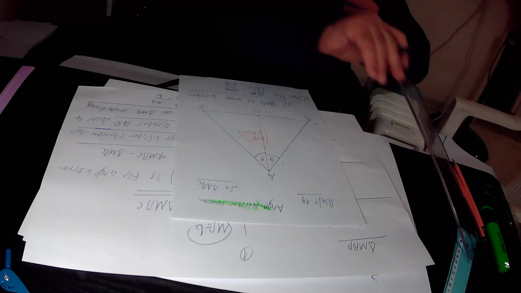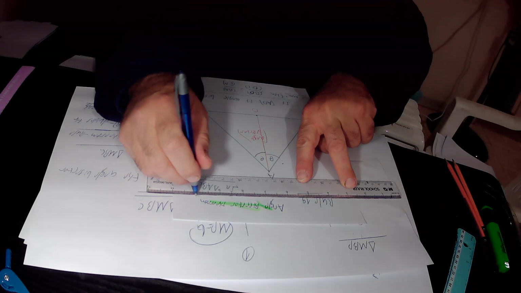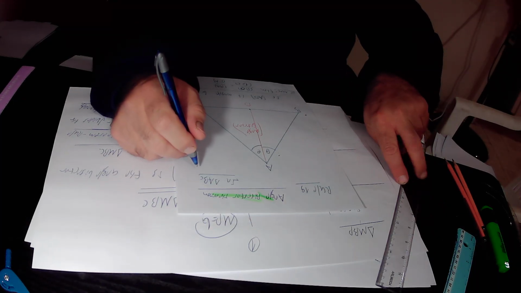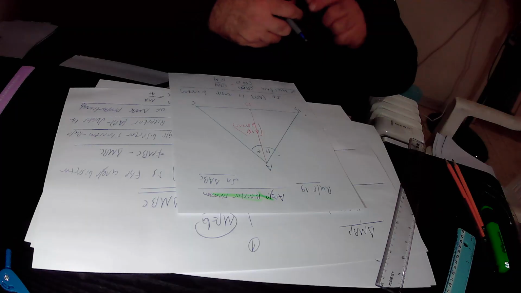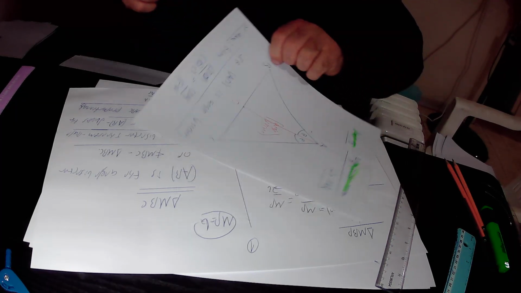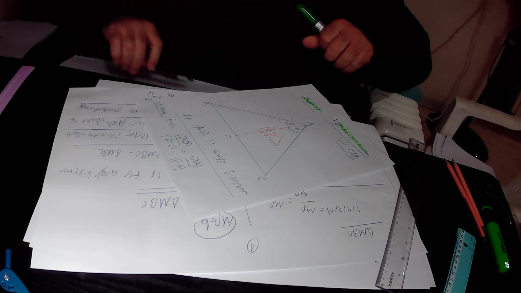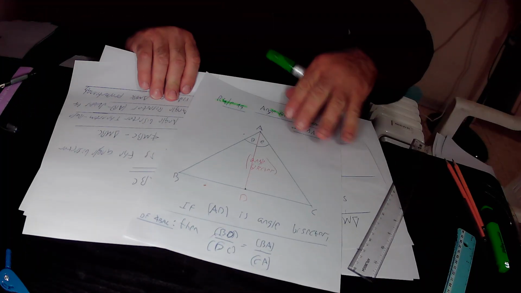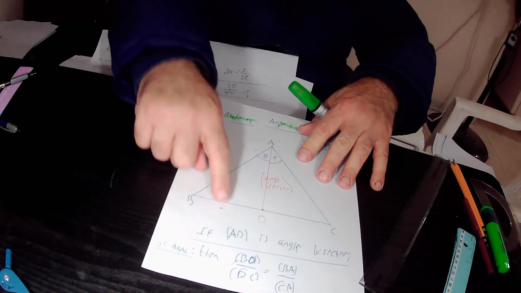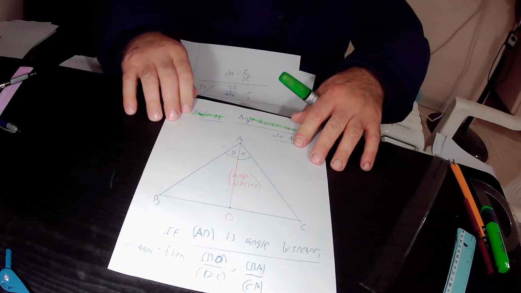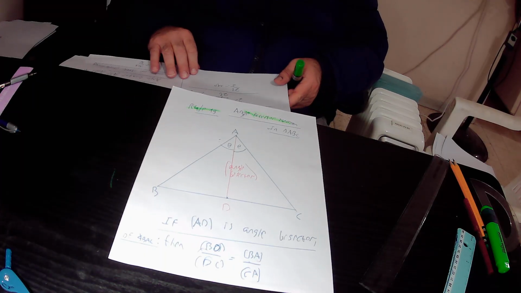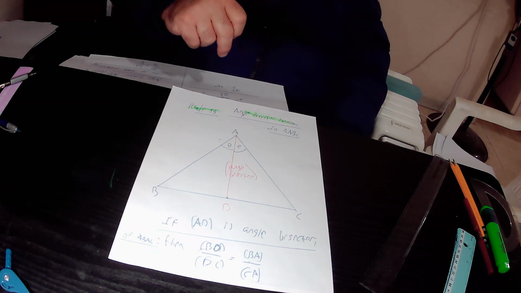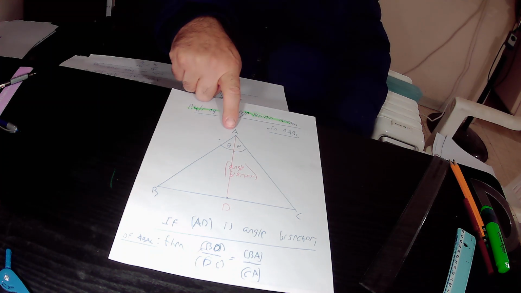So according to the angle bisector theorem, this is also defined as Rule 19. We know that AD is the angle bisector of angle BAC in this triangle ABC. Why is it an angle bisector?